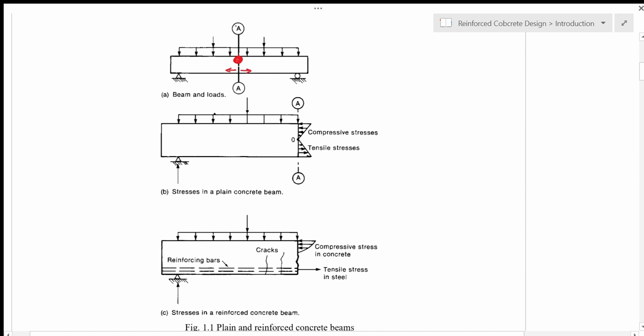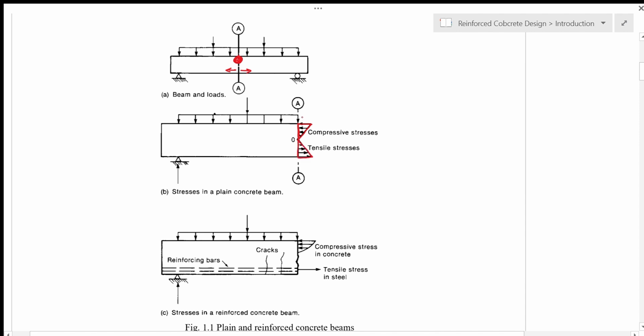If we cut across section AA and isolate it as a free body diagram like this, then we can see that the stress distribution across section AA looks like what is shown in this diagram, where you have compressive stress on the top part of the beam, and tensile stress at the bottom part of the cross section.